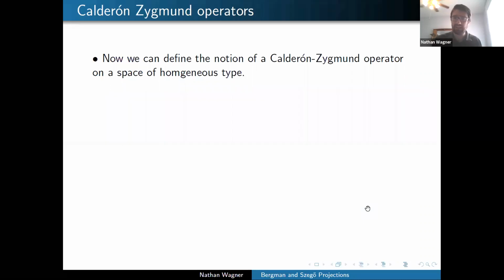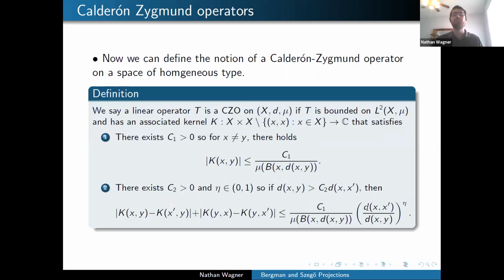So now we can define what a Calderón-Zygmund operator is on a space of homogeneous type. We say that a linear operator T is a Calderón-Zygmund operator on the space of homogeneous type if, first, we assume that the operator is bounded on L2, and then we also assume it has an associated kernel. Essentially the operator is given by integration against this kernel, and the kernel is defined on the space cross space less the diagonal, to C, and satisfies the following properties.